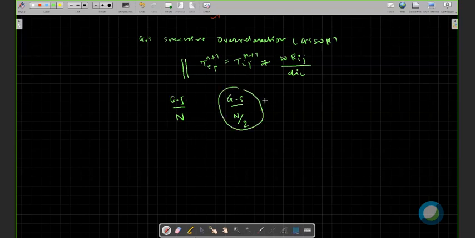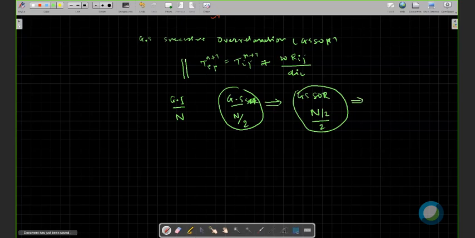So that is the reason this becomes GSSOR, and GSSOR again becomes much more efficient compared to the Gauss-Seidel method itself.